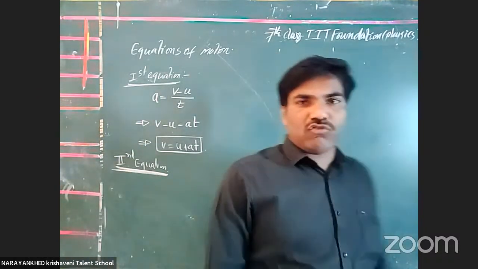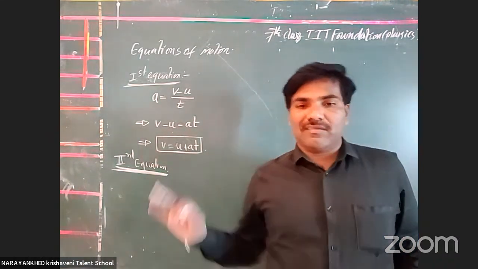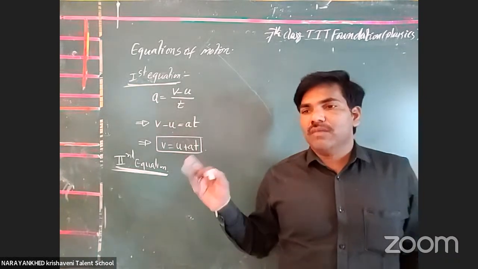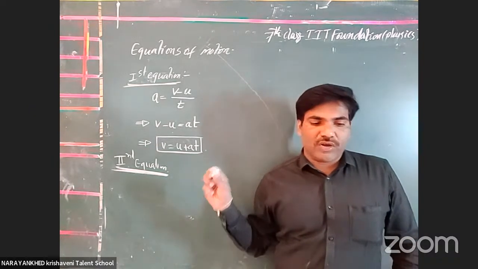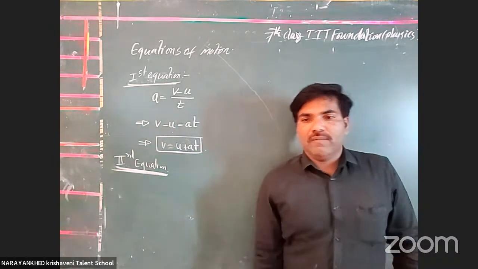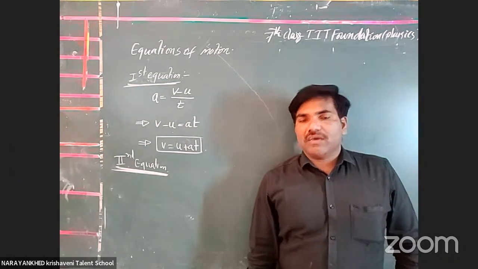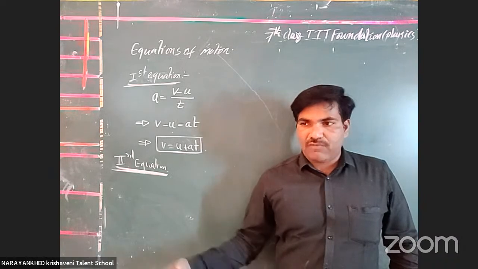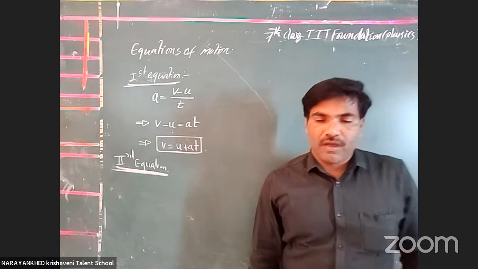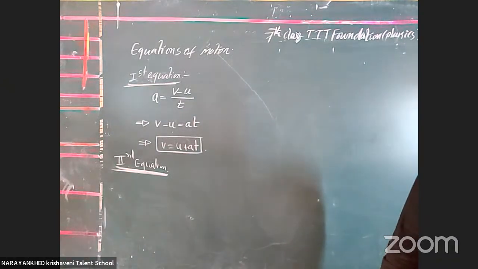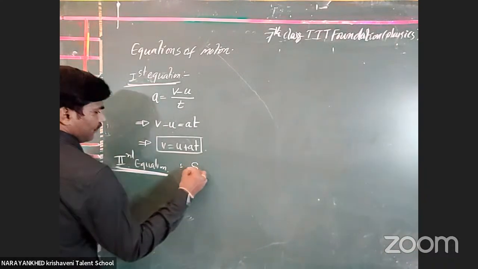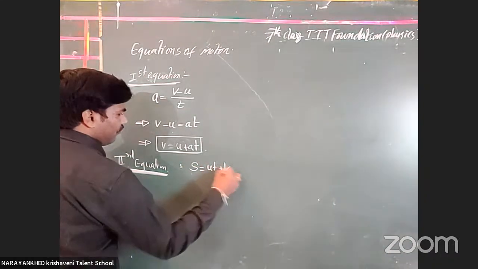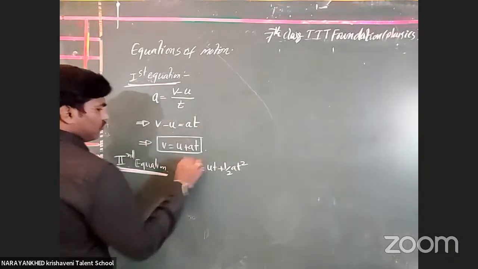The second equation of motion gives the relation between the traveling distance, initial velocity, time, and acceleration. If we want to find the distance traveled by the body, it will be found from the second equation of motion. s is equal to ut plus half at square is called the second equation of motion.